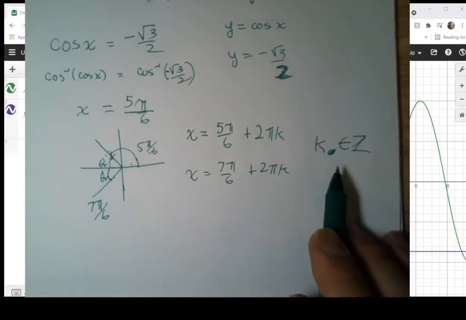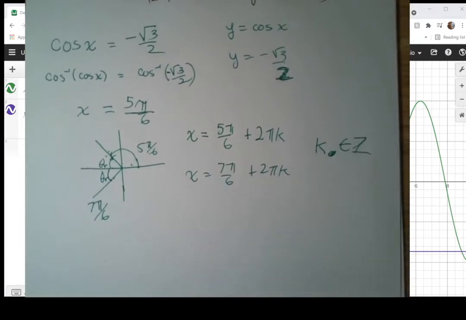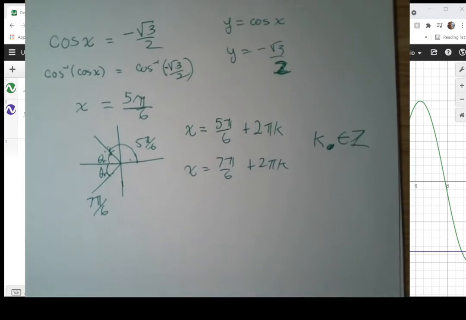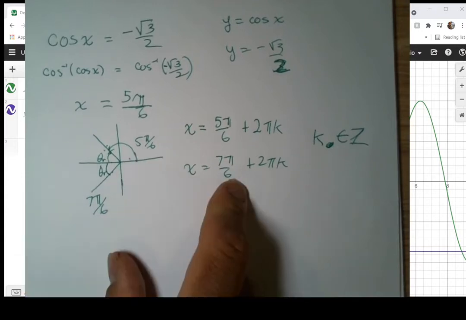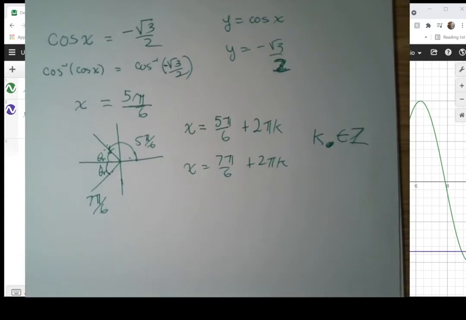We need to say explicitly what k is. It's not any real number, it is specifically any integer. Let's look at the graph so we can confirm that these equations do give us a solution to our equation, cosine x equals negative root 3 over 2.